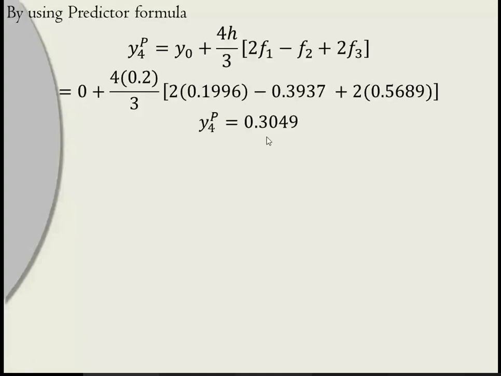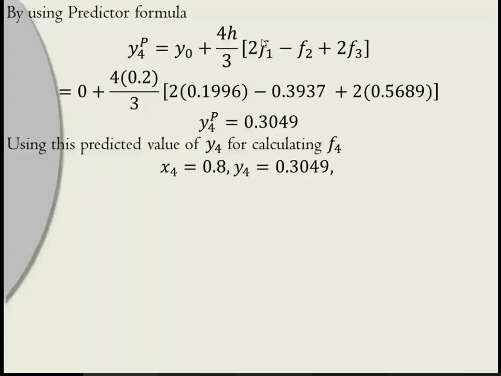So the predicted value of y4 will be 0.3049. Now take this as y4, and take x4 as x0 plus 4h or x3 plus h. x3 is 0.6, h, the difference between any two values of x, is 0.2. So x4 will be 0.8 and taking this as y4, f4 will be f of x4, y4.